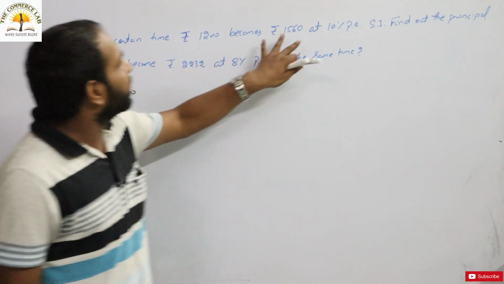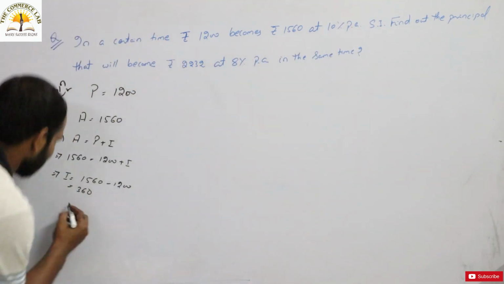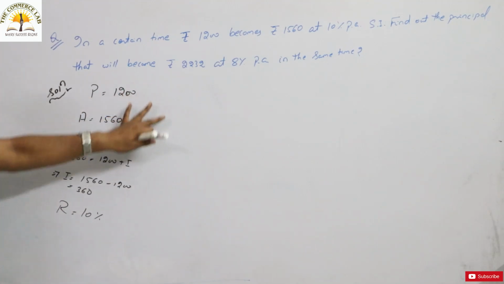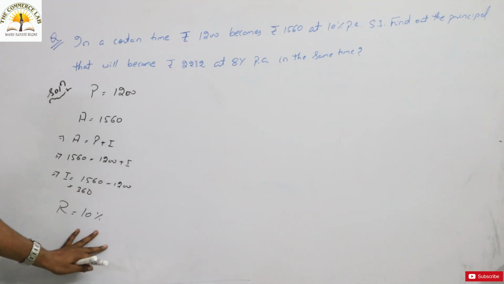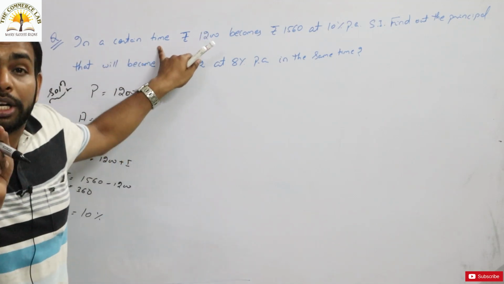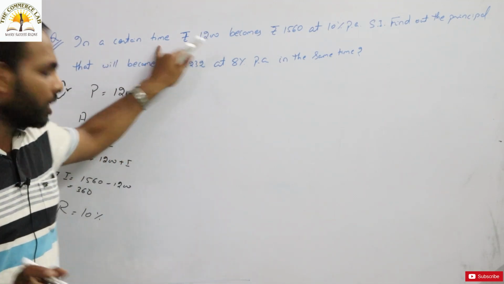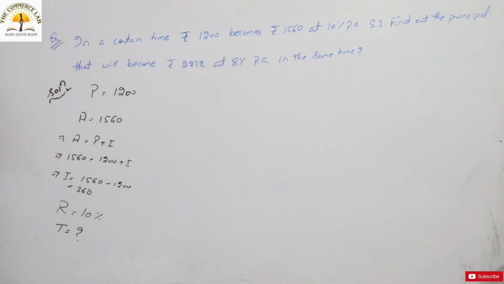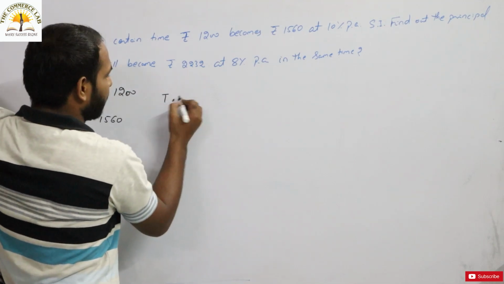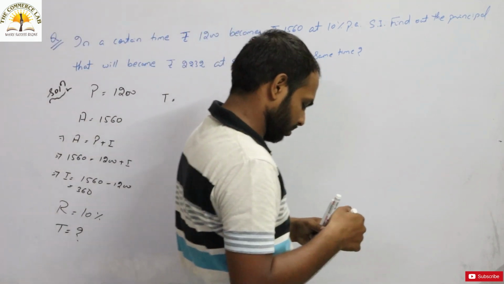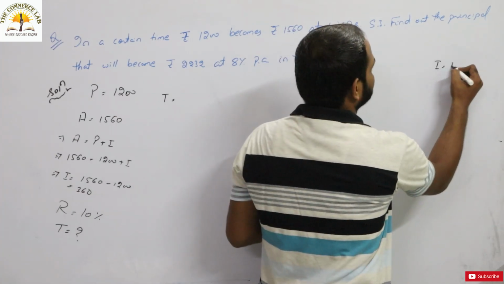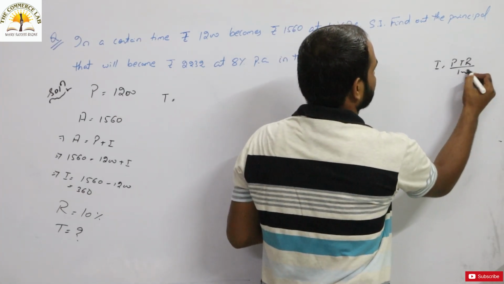So next, at 10% per annum, that means R is also given. Then from this given data, we have to find out the certain time. So we have to calculate what is T. We already know I equal to PTR by 100.